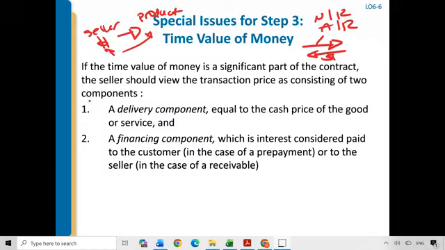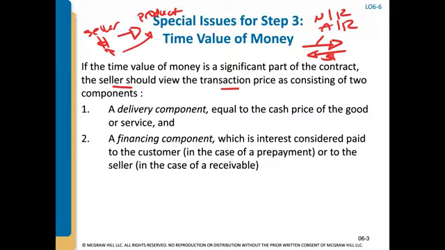There's an interest charge or time value of money that is implicit in these kinds of arrangements where the timing between the cash and getting or sending the product is significant. So if time value of money is a significant part of the contract, then the seller should view the transaction price as consisting of 2 components. The first one is the delivery component, which is equal to the cash price of the good or service.